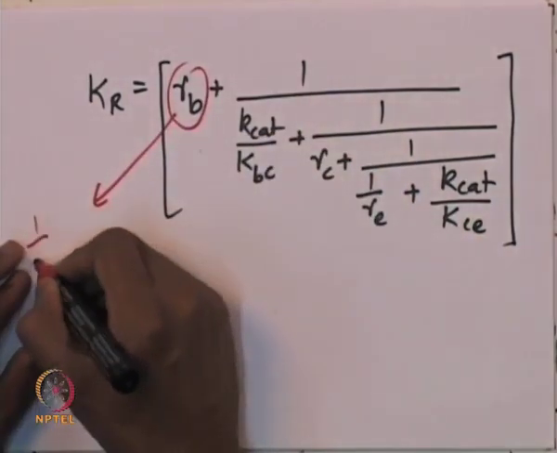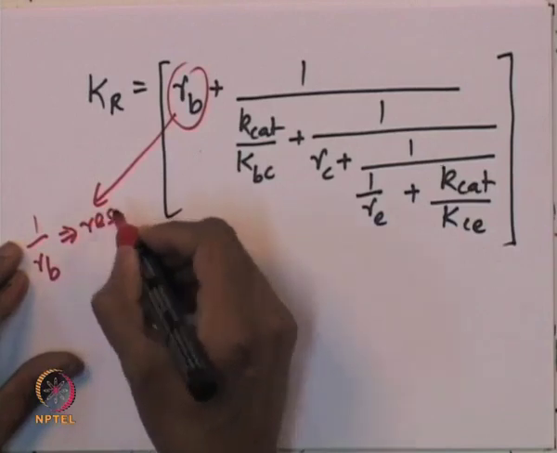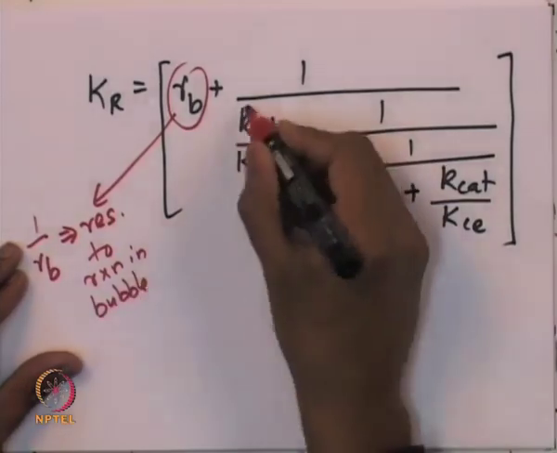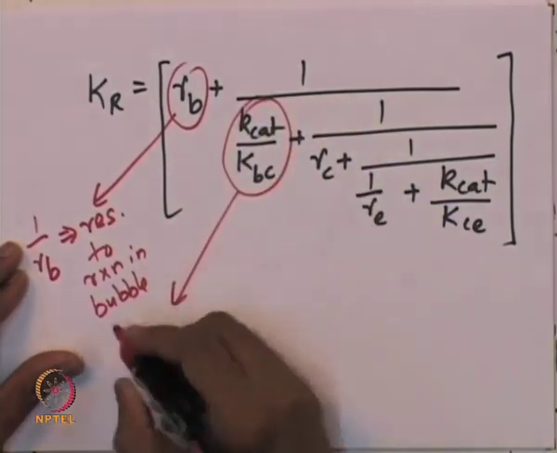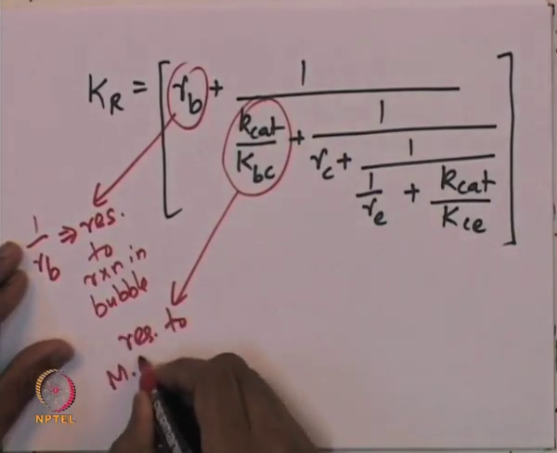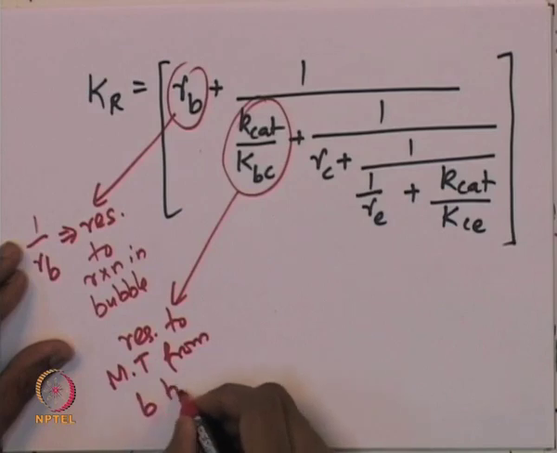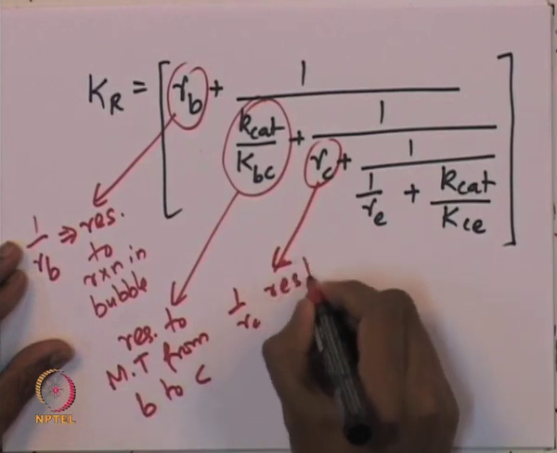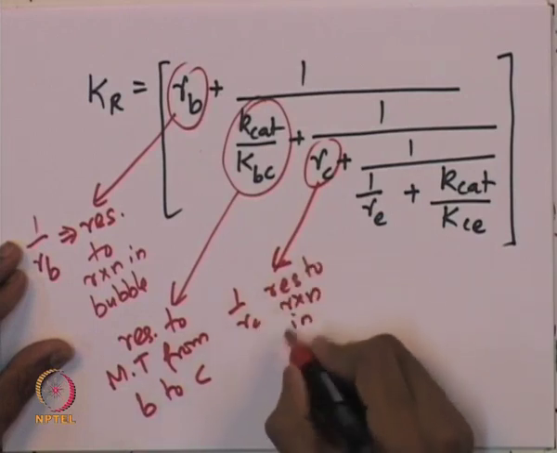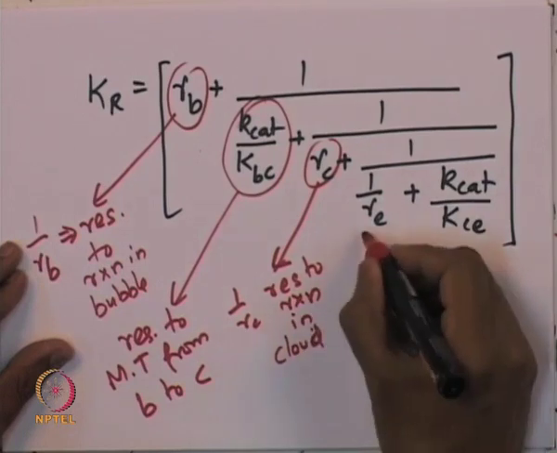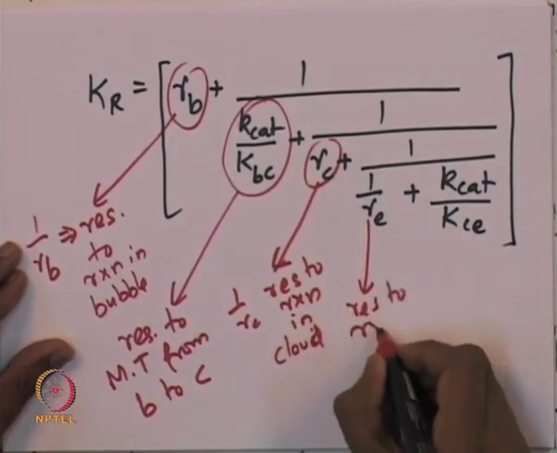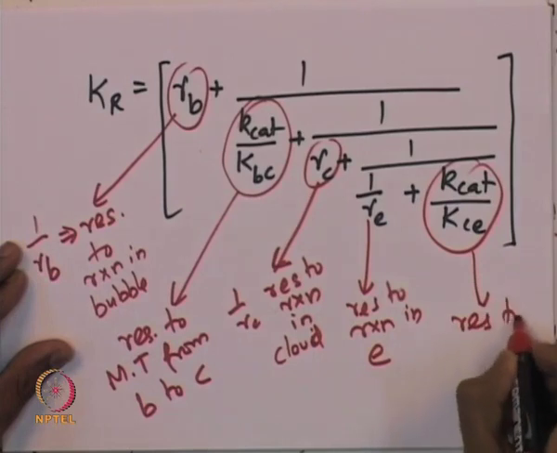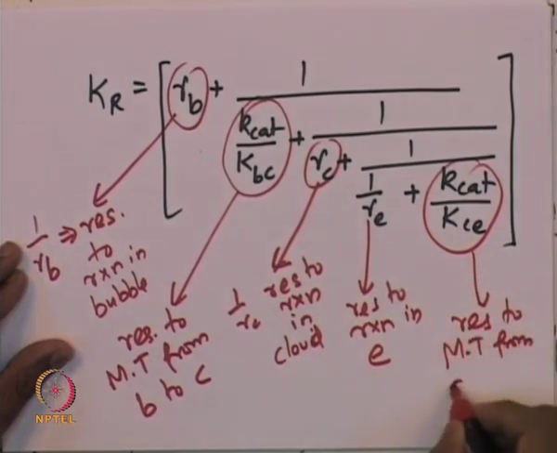If I look at this expression, 1 by gamma B is the resistance to reaction in the bubble, and K_cat by K_BC is the resistance to mass transport from bubble to cloud, and 1 by gamma C is the resistance to reaction in the cloud phase, and this is the resistance to reaction in the emulsion phase, and this is the resistance to mass transport from the cloud to the emulsion phase.